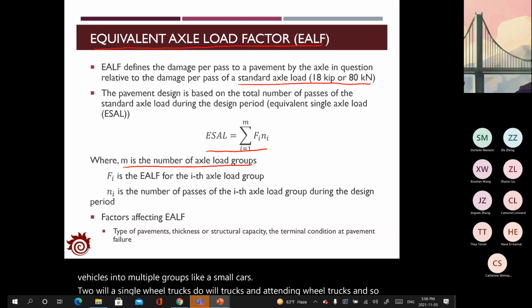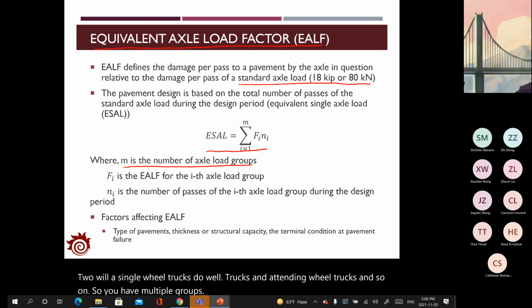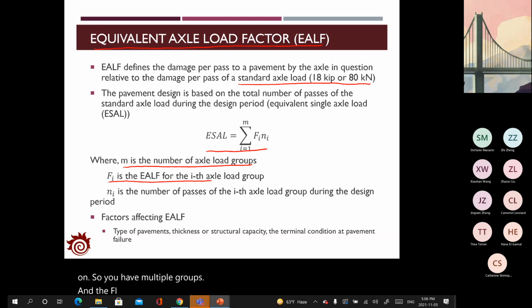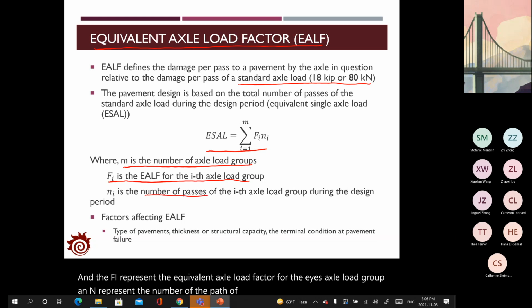So you have multiple groups. And Fi represents the equivalent axle load factor for the ith axle load group. And N represents the number of passes of the ith load group during the design period.